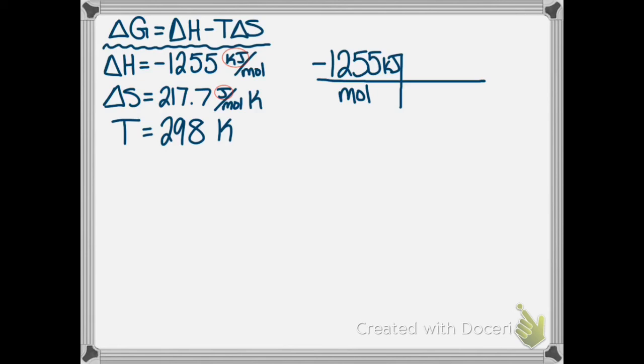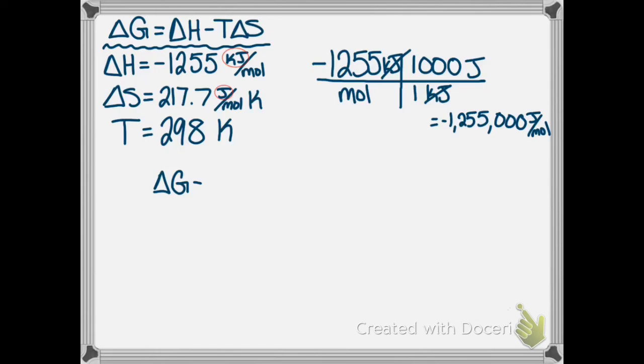We know we're trying to get rid of kilojoules, so we're going to put the 1 kilojoule on the bottom, and we know that the conversion factor for this is for every 1 kilojoule there are 1,000 joules. And when we solve for this, our units of kilojoules will cancel, and we should get a value of negative 1,255,000 joules per mole.